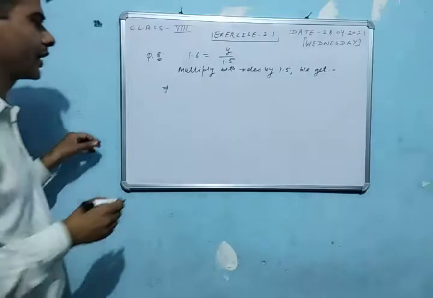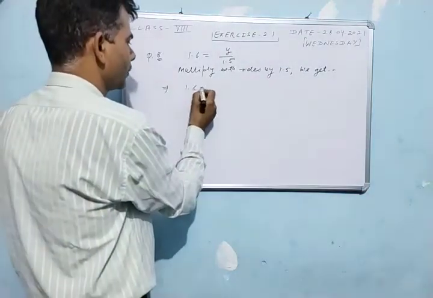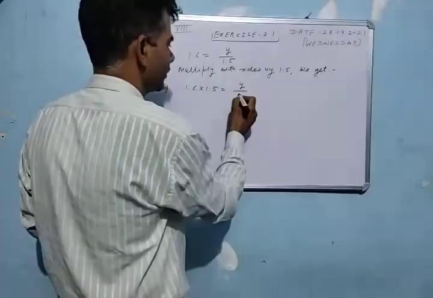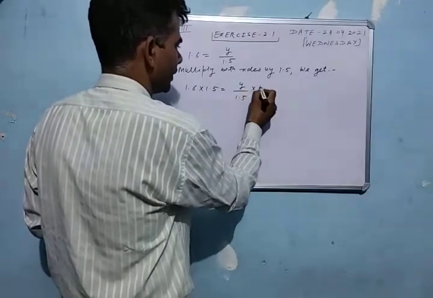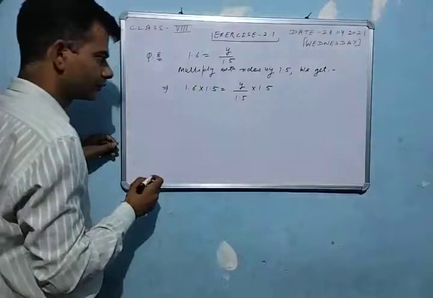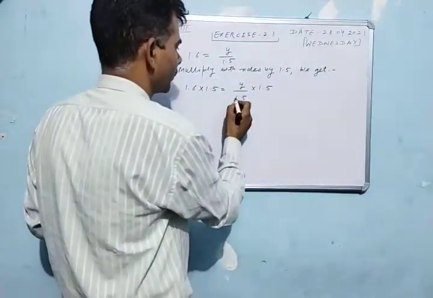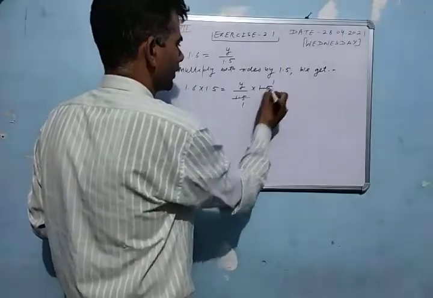Now students, 1.6 multiplied by 1.5. Now y divided by 1.5 multiplied by 1.5. To find the value of y, 1.5 cancels out with 1.5.